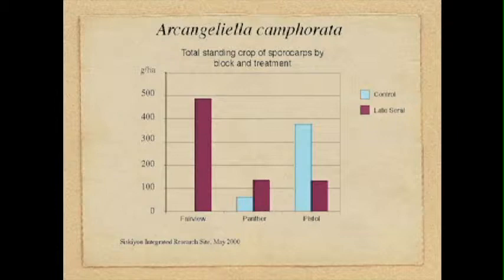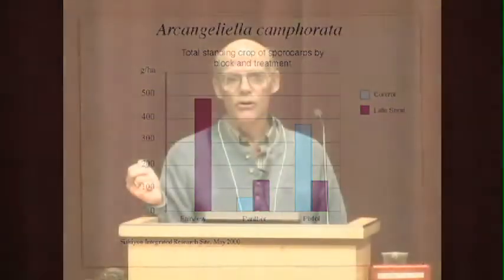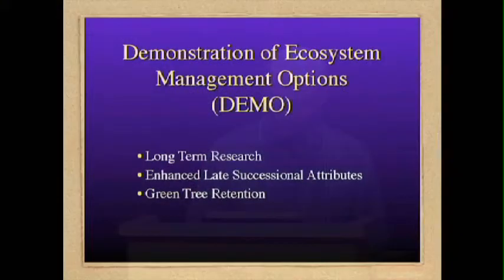So this is why our conclusion was that green tree retention can help mitigate the effects of, or help promote the objective of, maintaining certain organisms on the landscape. That was based on one sample 3 years after the treatments. We don't know the current condition, haven't been back.